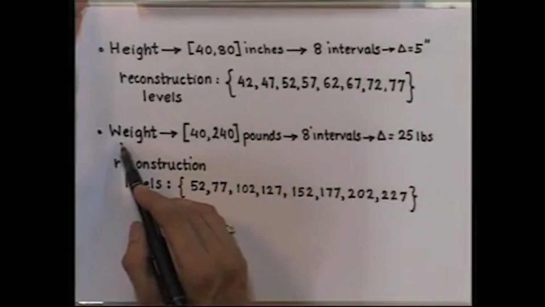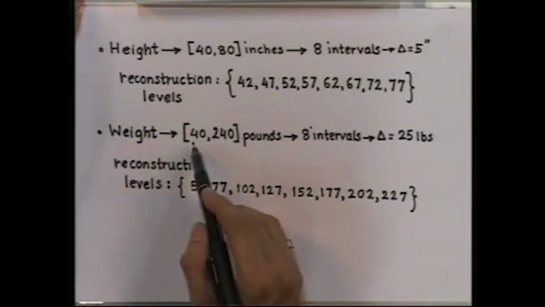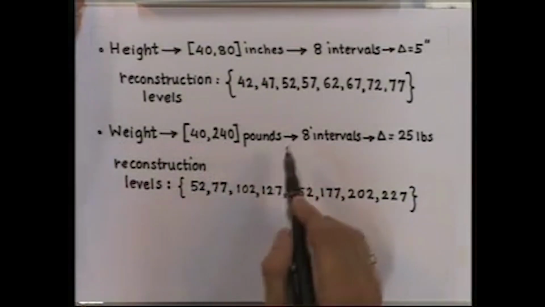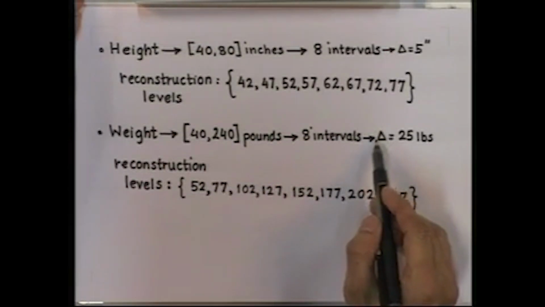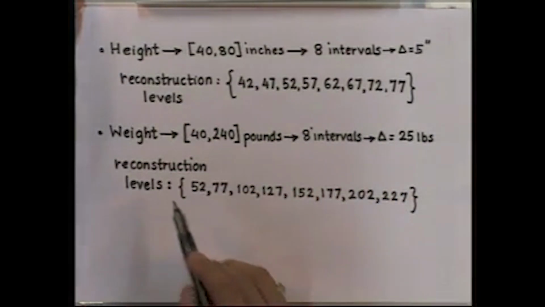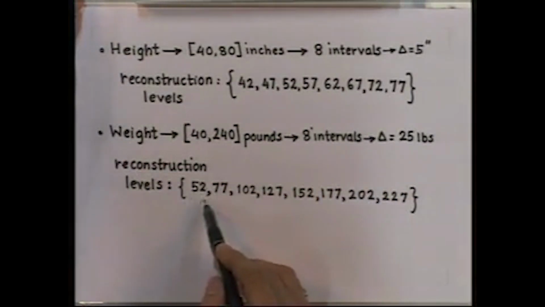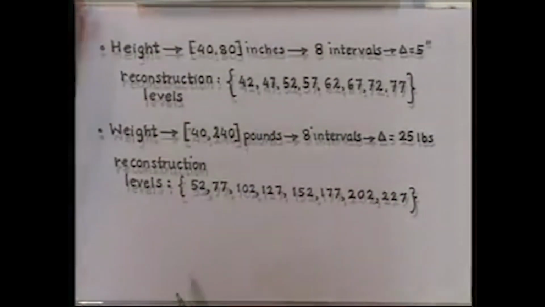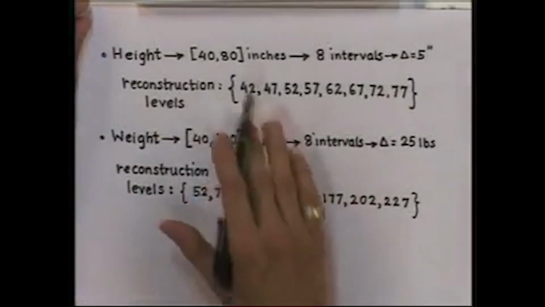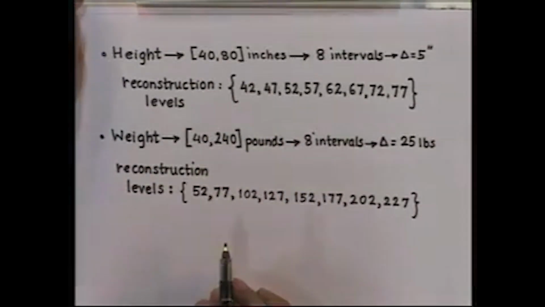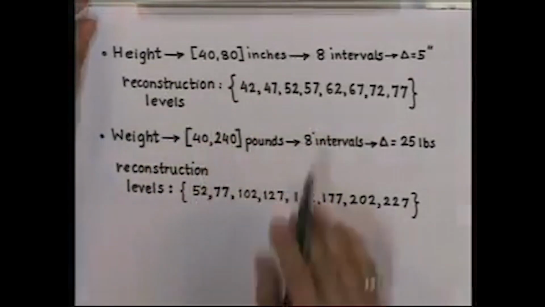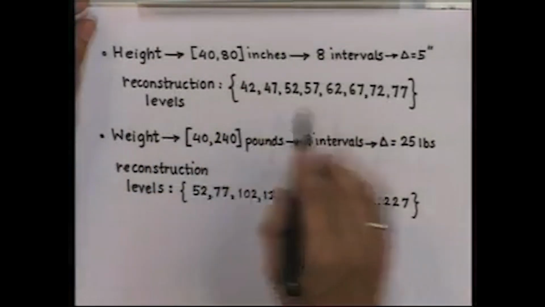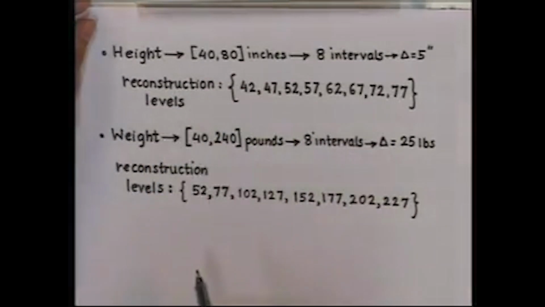Similarly, for weight with the range between 40 to 240 pounds, 3 bits of quantization will give us a step size of 25 pounds and the reconstruction levels as shown here. Now, this is what we get when we quantize height and weight individually. These are the individual reconstruction levels.